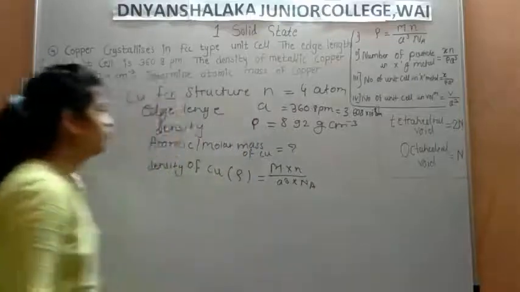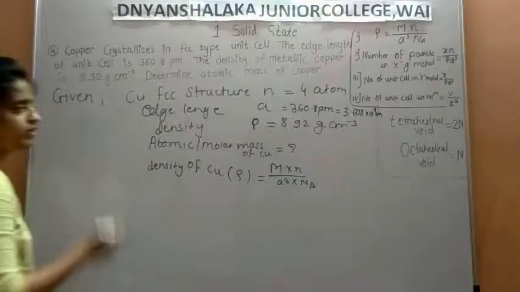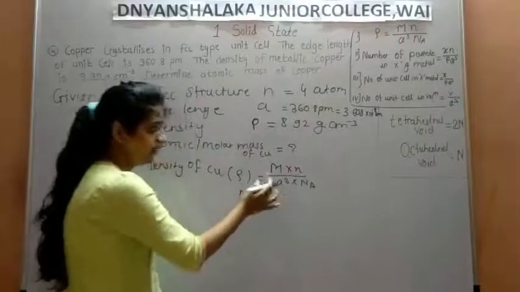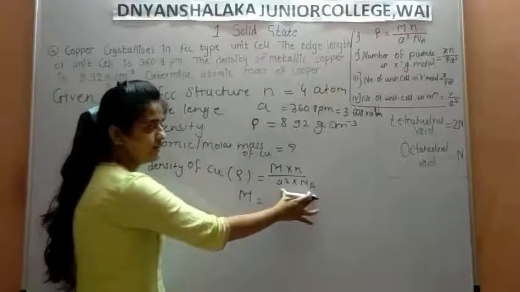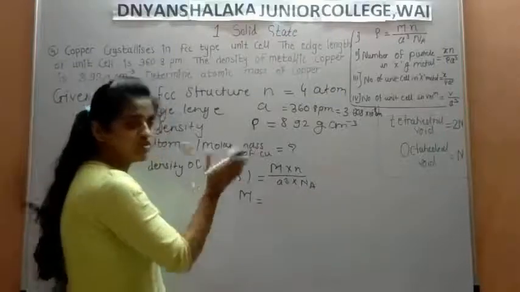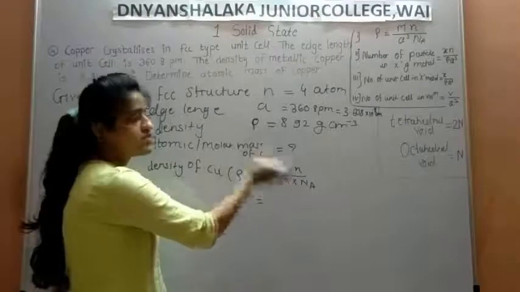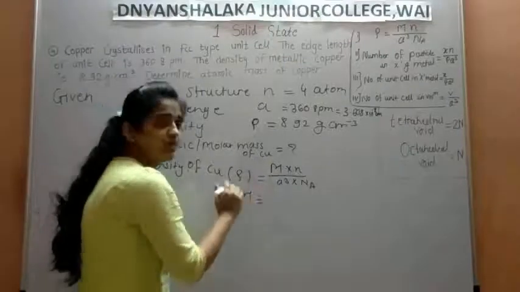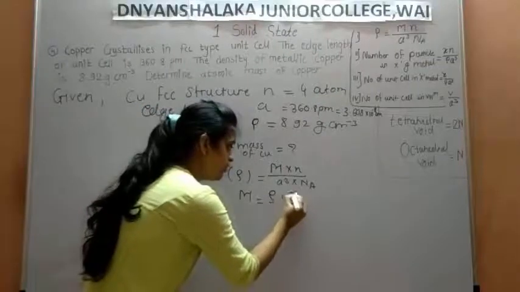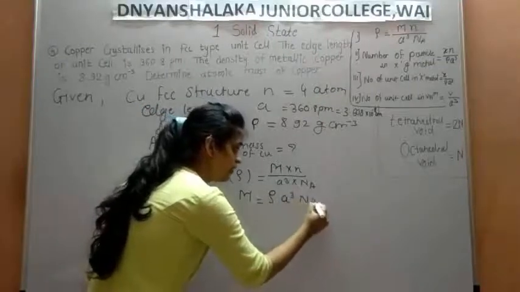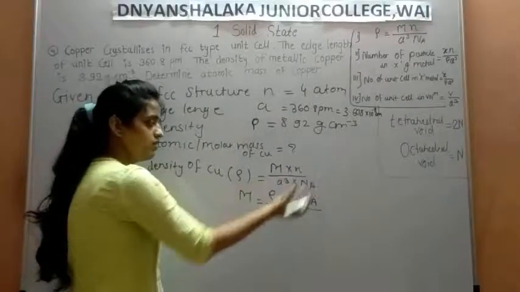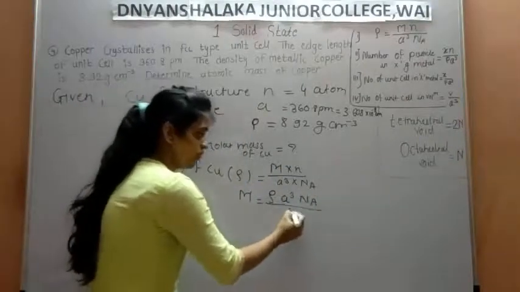But we have to find out the molar or atomic mass of copper. So we rearrange this formula: M equals rho into a cube into Na upon n. The right hand side value shifts to the left hand side, so division gets converted into multiplication, and n changes to division.